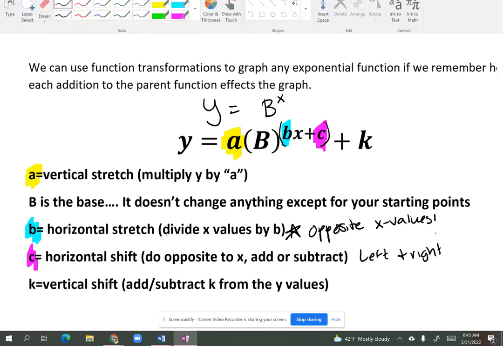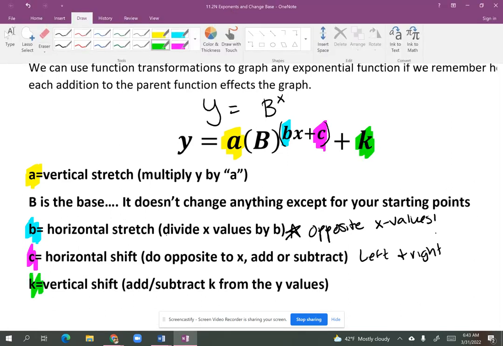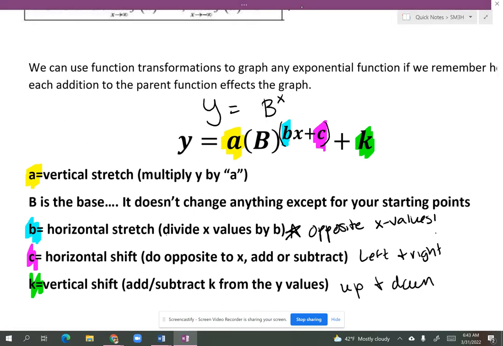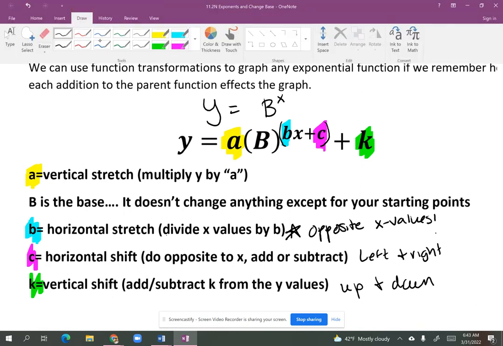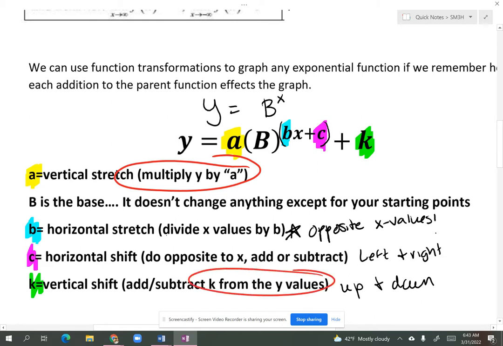Okay. And then the last one that we have is k, and that is our vertical shift, which is our up and down movement. Okay. And the biggest thing I think is important to remember is that a and k deal with the y values, okay?